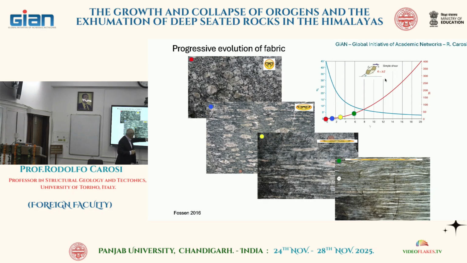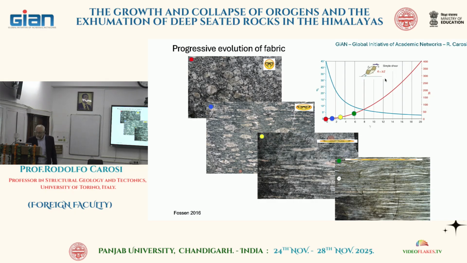So it is hard to recognize the original rock, because this rock can derive from granite, from gneiss, from migmatite. So different kinds of rocks can form this mylonite.